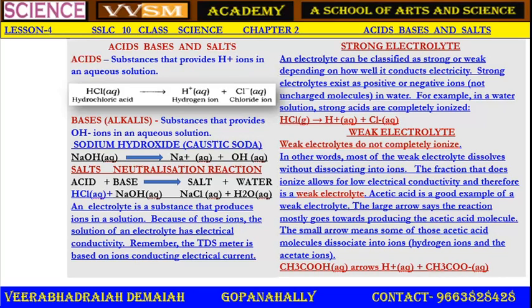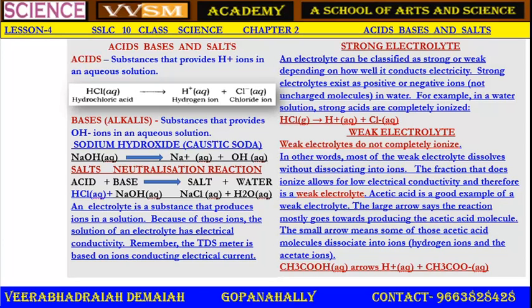Water-soluble bases are called alkalis, for example, sodium hydroxide and potassium hydroxide. So friends, sodium hydroxide is also called caustic soda. It dissociates into Na+ ion and OH- ion. It is an electrolyte. It is a base.